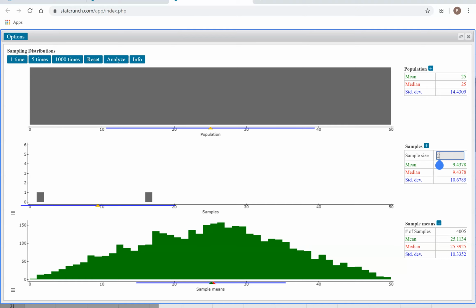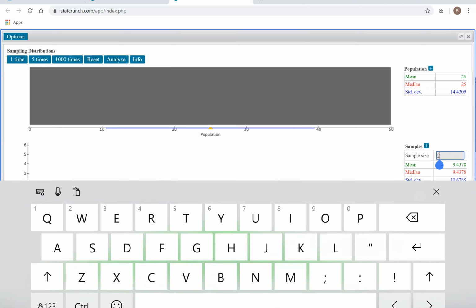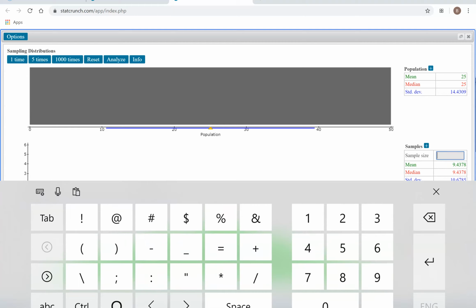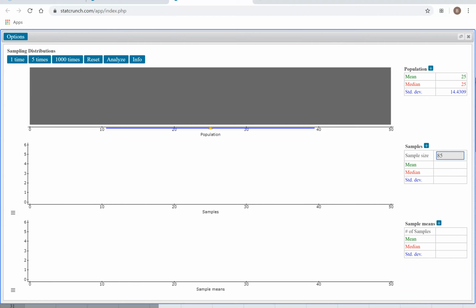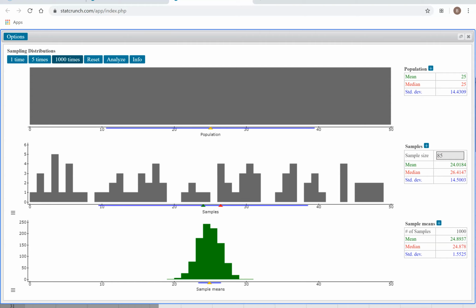Let's change the sample size to something bigger, like a sample size of, let's say, 85. Again, I'm not going to hit 1 time or 5 because it's going to take 85 different data values, find their mean, and plot that one sample mean. Let's just see what happens if we jump to 1,000 times.